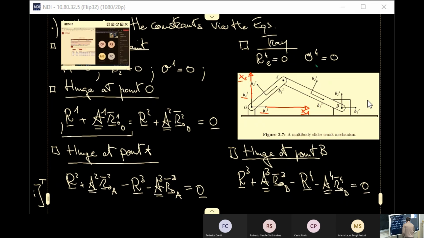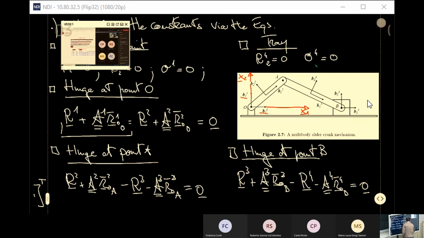Okay, now the next step is to put these equations in the following form.